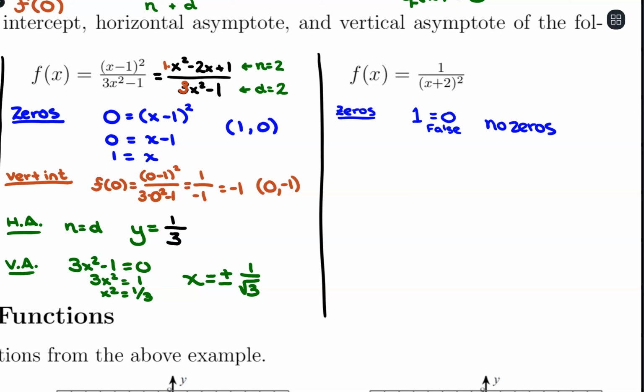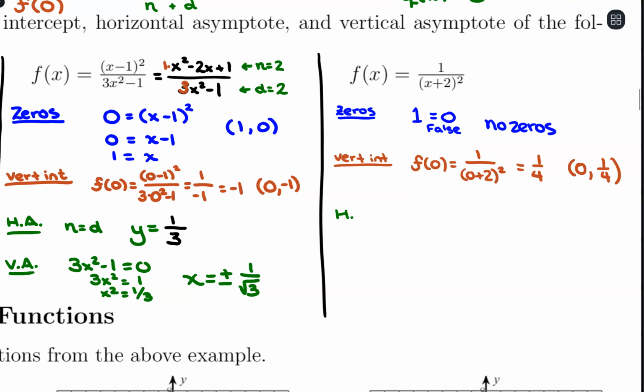We are not crossing the x-axis there. All right, then we go on to the vertical intercept, there's only one of them. So looking at f of 0, we're looking at 1 over 0 plus 2 squared, which is going to be a 1/4. So we have a coordinate 0, 1/4.